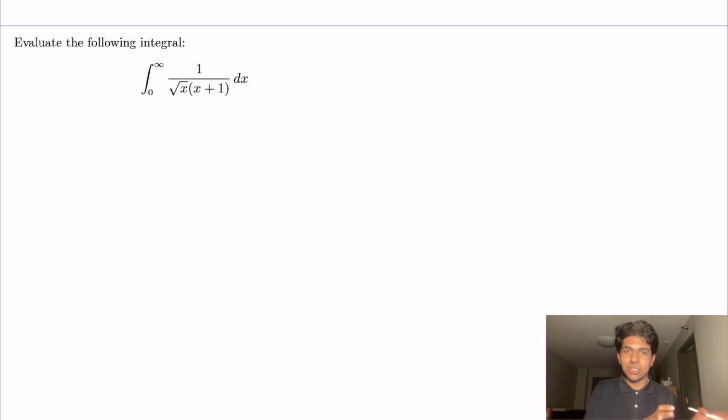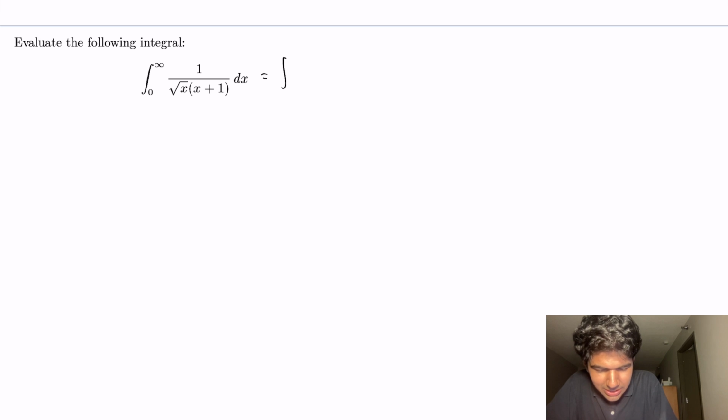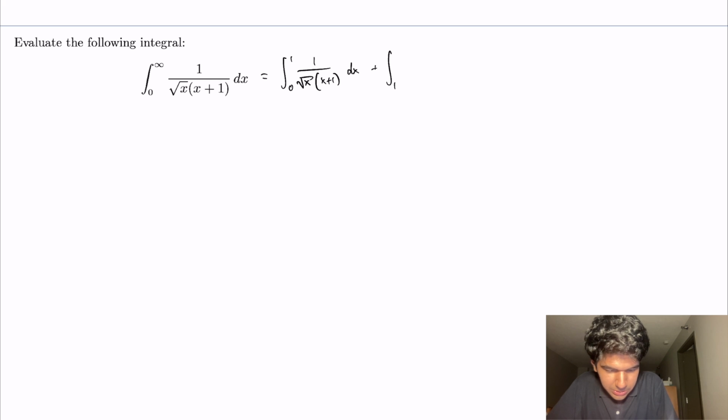And the other integral should handle the case where the limit is infinity, because we know that's also bad. So we can do that by splitting this integral into the sum of two integrals, where we choose a breaking point, and I'll choose the value of 1 as our breaking point. So this integral on the left is equal to the sum of these two integrals.